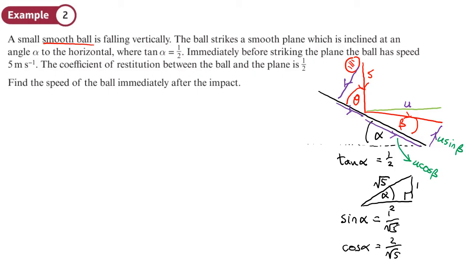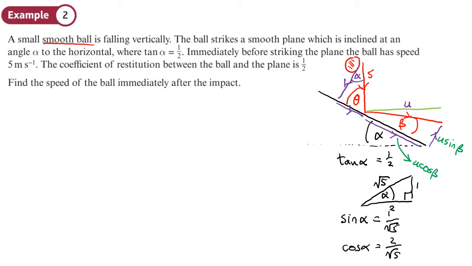So because that angle at the top there is alpha, let's mark that in. So this angle is alpha. That means that this component of the velocity or the speed is going to be 5 cos alpha.